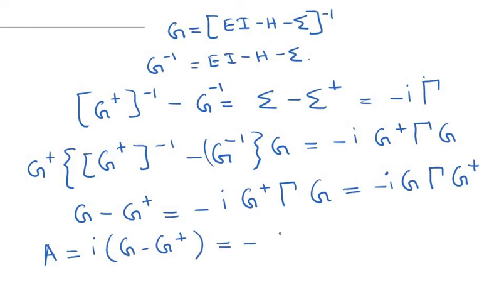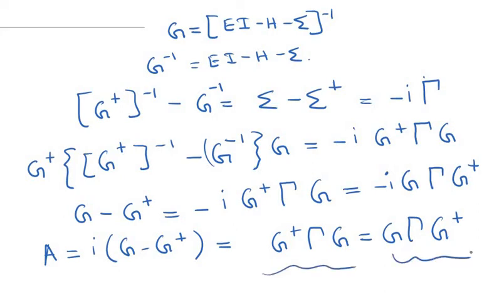So A is equal to G, so minus goes out because we have multiplied it by i. So G dagger gamma G equals G gamma G dagger. So we have successfully proved that the spectral function is equal to G dagger gamma G, and this is equal to G gamma G dagger over here.